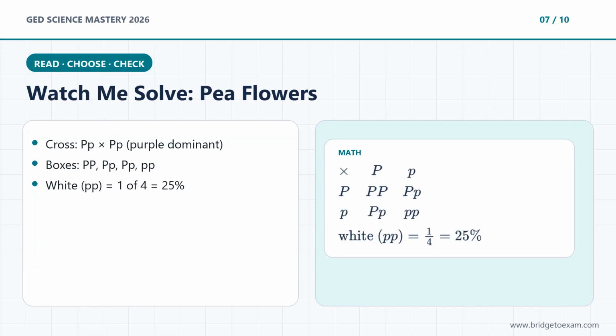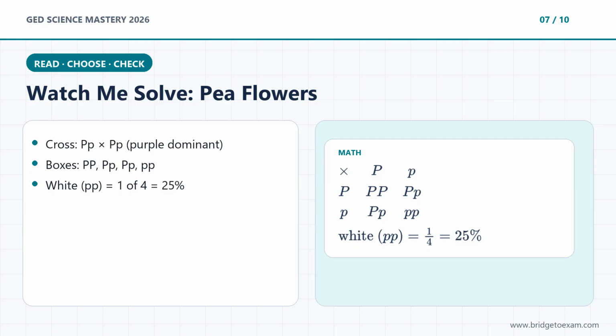Let's solve a real one. In pea plants, purple flowers, capital P, are dominant over white flowers, lowercase p. A gardener crosses 2 Pp plants. What fraction of the offspring is expected to have white flowers? Read, the cross is Pp times Pp, and white is the recessive, pp.